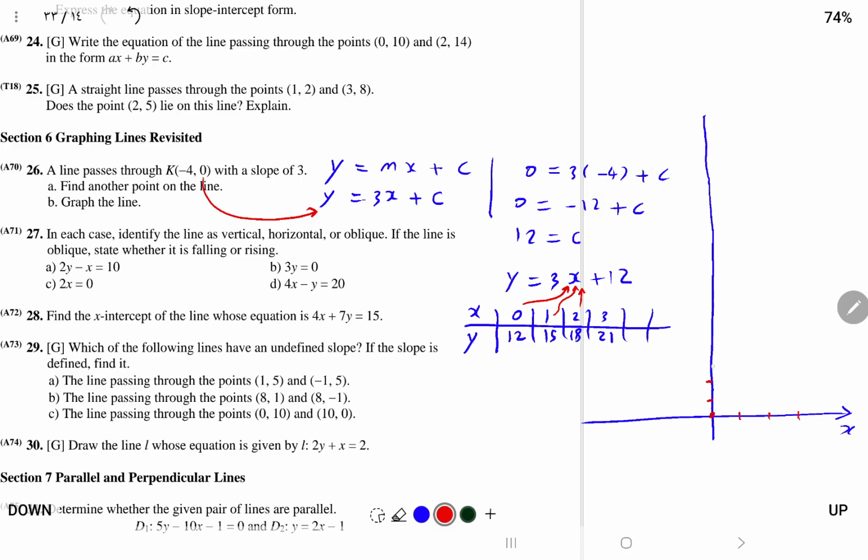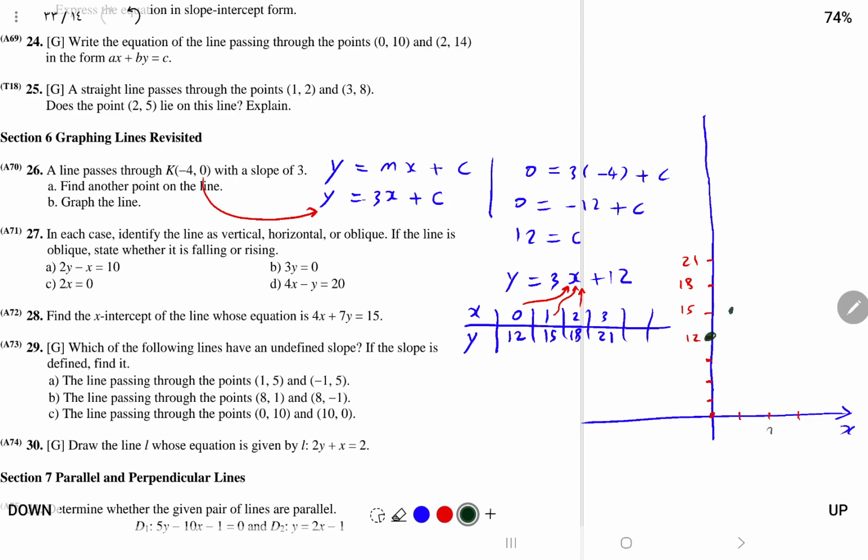3, 6, 9, 12, 15, 18, 21. Now you start plotting. (0, 12) here. Then (1, 15) here.